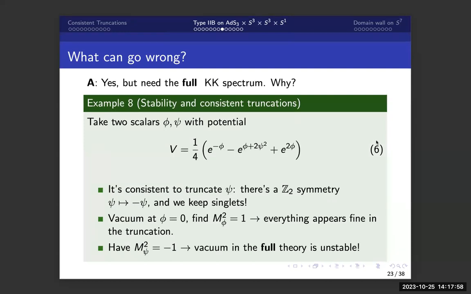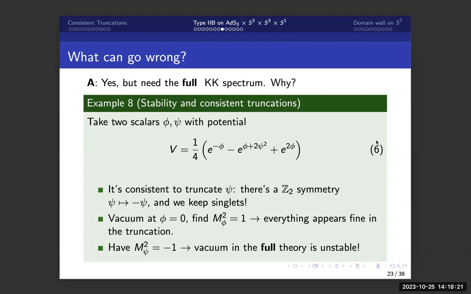To see this, I have a toy example. Suppose you have 2 scalar fields with this potential. There's a consistent truncation here because there's a Z2 symmetry where you leave phi alone and you flip the sign of psi. So by the symmetry principle, you can truncate the non-singlet away. And so it is consistent to drop psi.